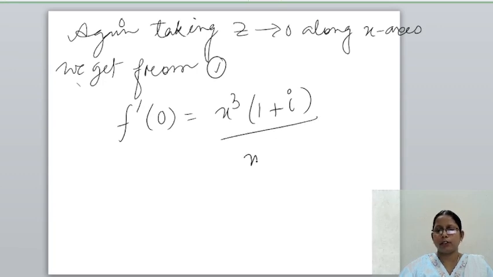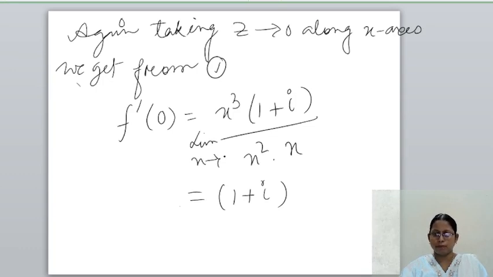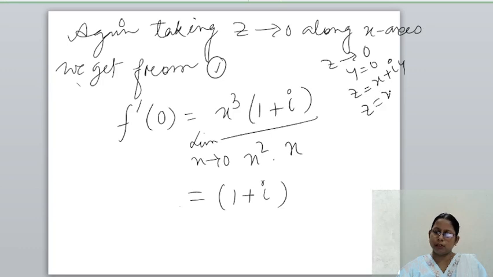Here it is x square into x, so this is equal to (1 plus i), here the limit as x tends to 0. As z tends to 0 along the x-axis, y is equal to 0, z is x plus iy, so z is equal to x. So x tends to 0.